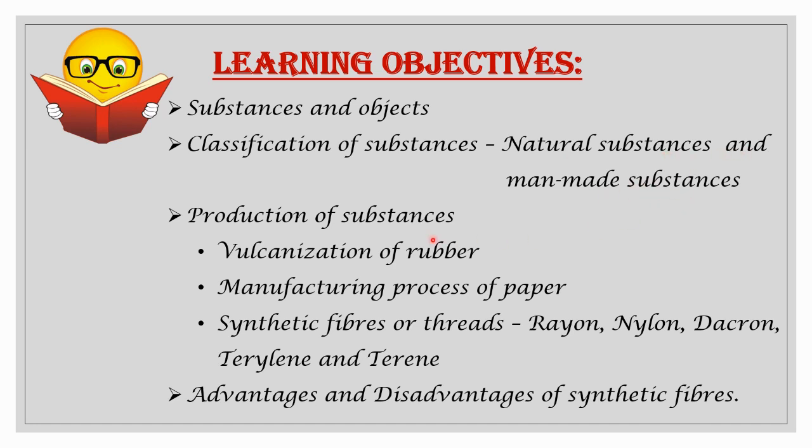Then you will be learning about the production of substances like vulcanization of rubber, the manufacturing process of paper, synthetic fibers or threads like rayon, nylon, dacron, terylene and terene. Then you will be learning about the advantages and disadvantages of synthetic fibers.